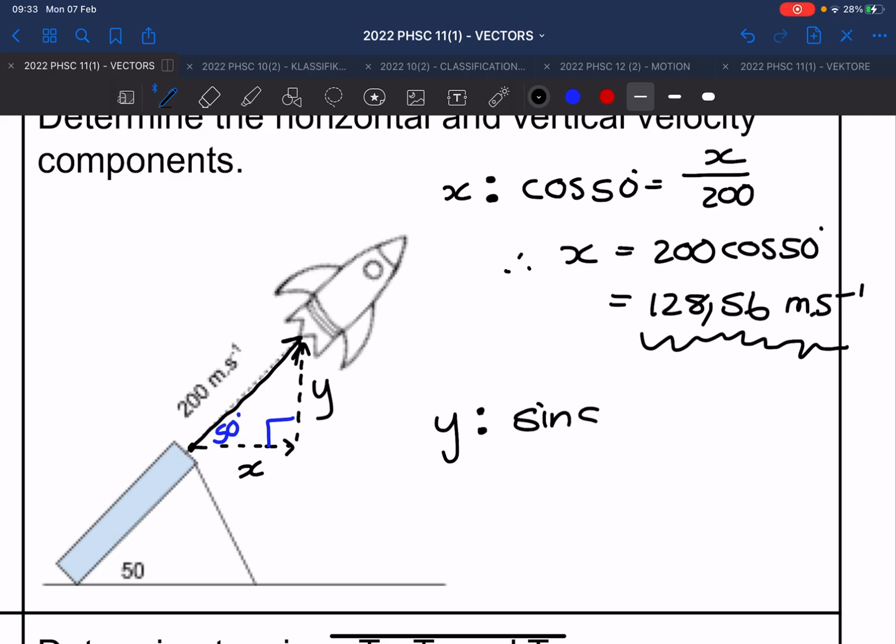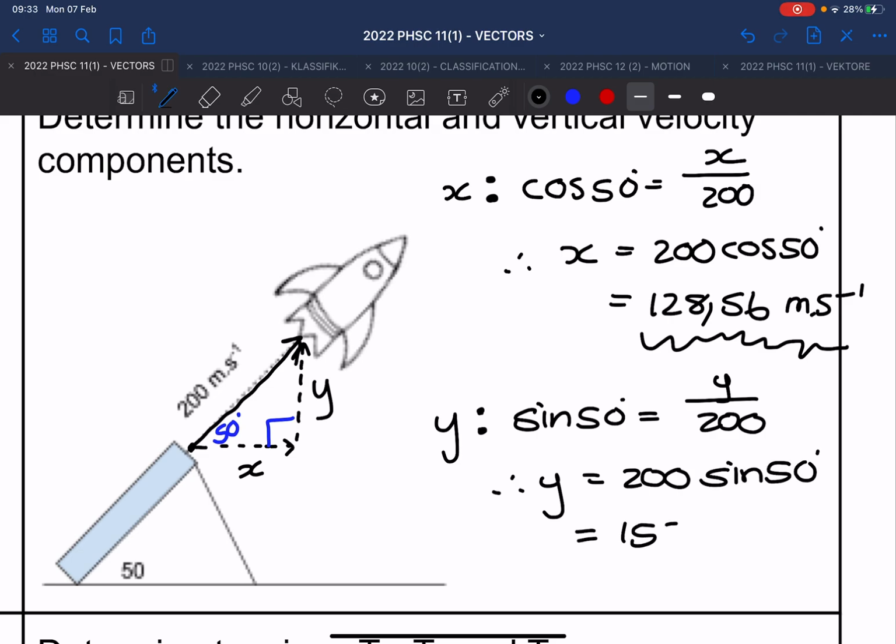So the sin of 50 degrees is y over 200. And that gives you 153.21. Okay.